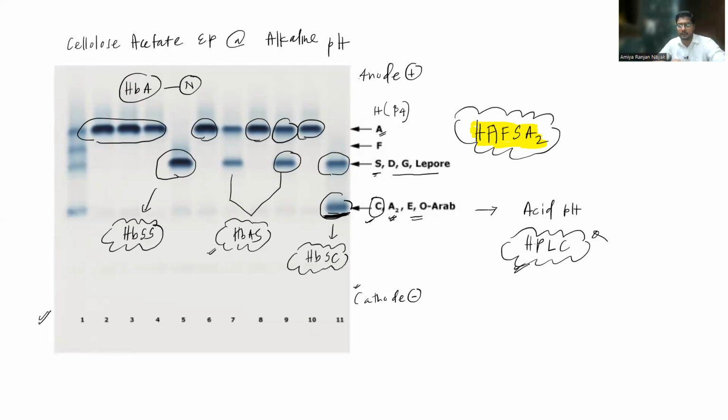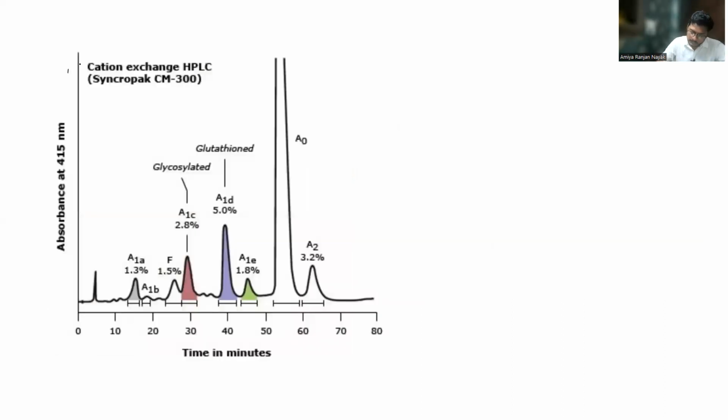High performance liquid chromatography will look something like this. Here you can actually see the different hemoglobins. They have different retention times, and from this you can identify different hemoglobins, and also you can quantify them. So high performance liquid chromatography has the advantage of identifying and quantifying the amount of hemoglobins.